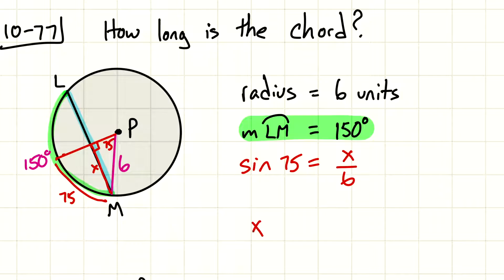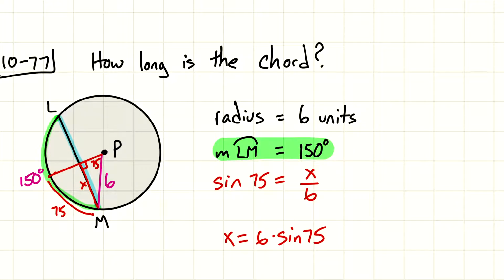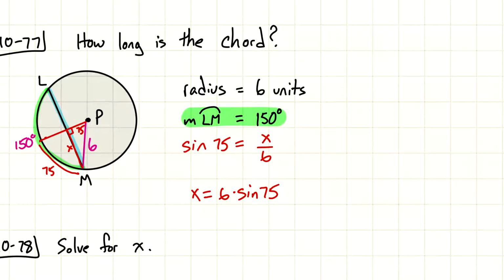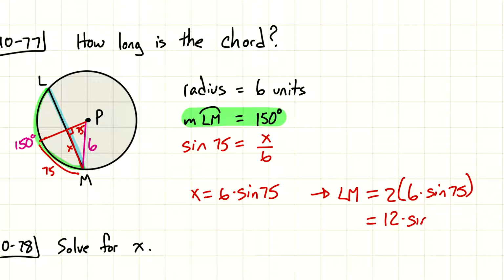Which means x is going to equal 6 times sine of 75, but we want to know the length of the chord, and for us, the chord is LM. So in this case, I could say LM is going to equal 2 times 6 times sine of 75, which is going to equal 12 times sine of 75.